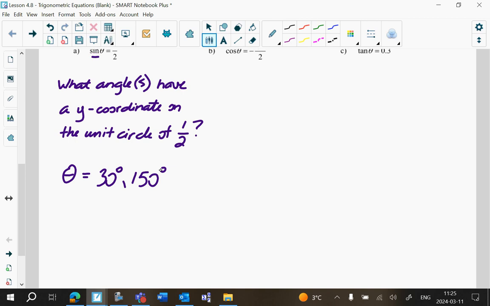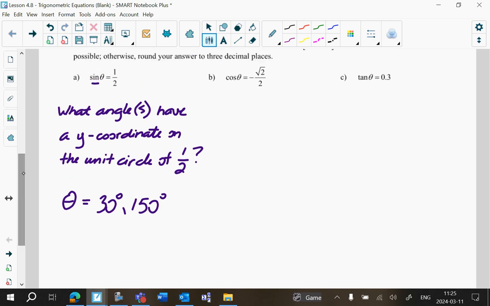So for example, B. Again, you're going to ask yourself, what angles have an x coordinate on the unit circle of negative root 2 over 2? And then you just use your unit circle. 135 degrees has an x coordinate of negative root 2 over 2.